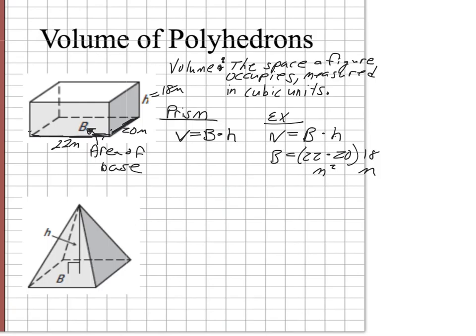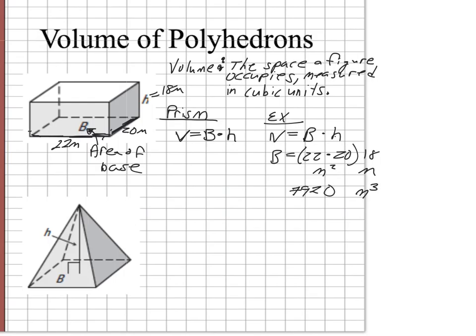So when we multiply those things all together, we're going to end up with meters cubed, cubic meters. 22 times 20 times 18 is going to end up being 7,920.